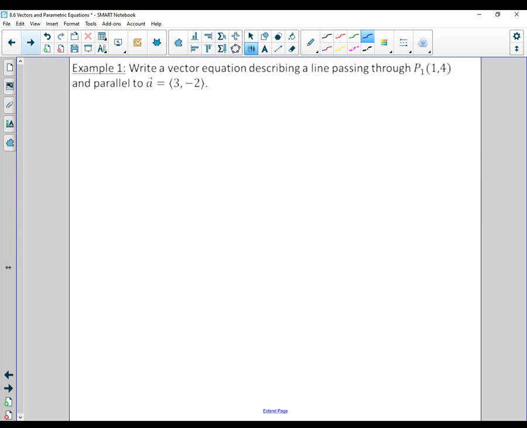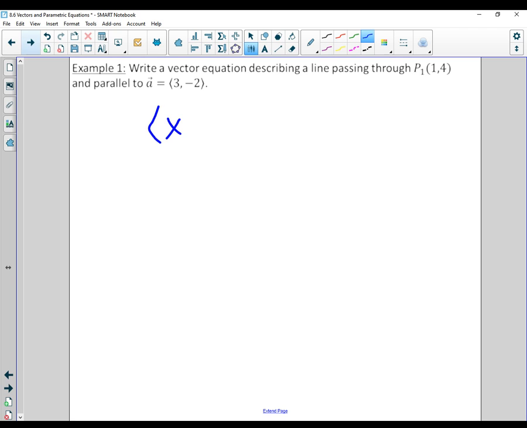Go. Example 1: write a vector equation describing a line passing through P(1, 4) and parallel to A = <3, -2>. And this is what I mean by the problems are easy, but to understand what you're doing is a different story, right?